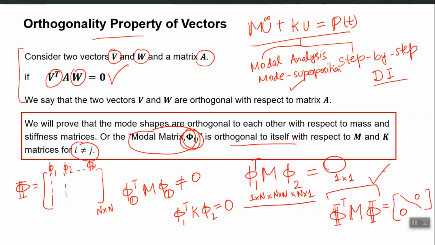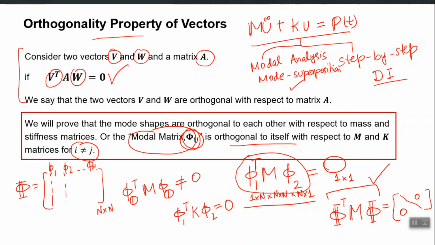I will come back to this form of modal orthogonality again, but let us first try to simplify this statement and prove it: any one mode shape transpose multiplied by the mass matrix multiplied by any other mode shape, this product is 0, and it will be non-zero if and only if you have the same mode shapes in this product, 1 and 1 or 2 and 2.